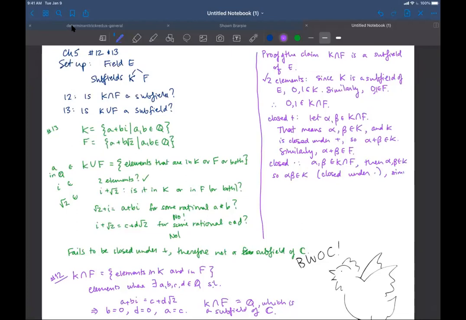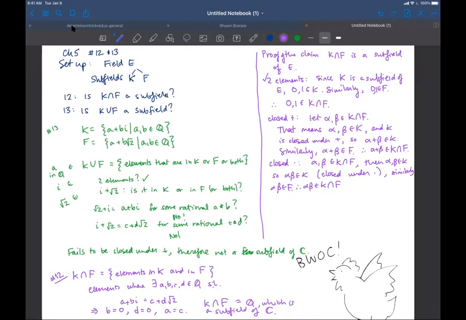And similarly, alpha beta is in F. And that tells me that alpha beta lands back in the intersection because it's in both K and F. I think I forgot to write that up above, but alpha plus beta landed in both K and F. So alpha plus beta is also in the intersection, K and F.